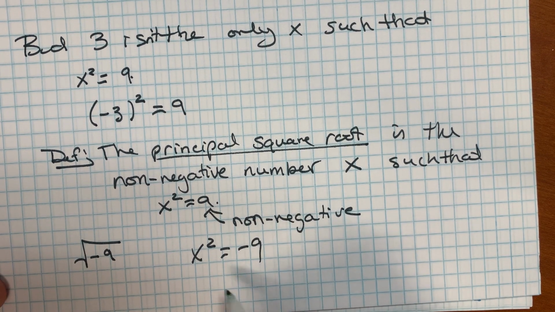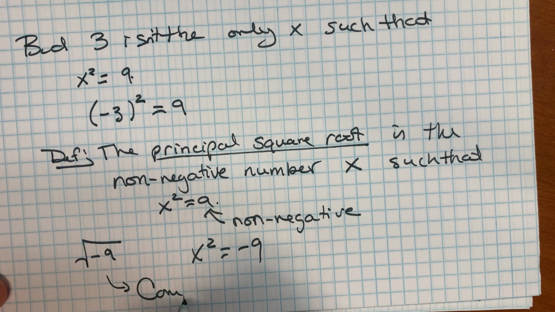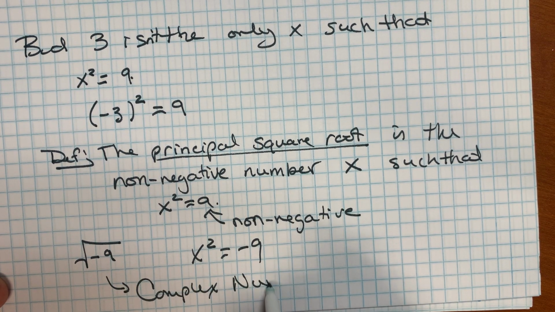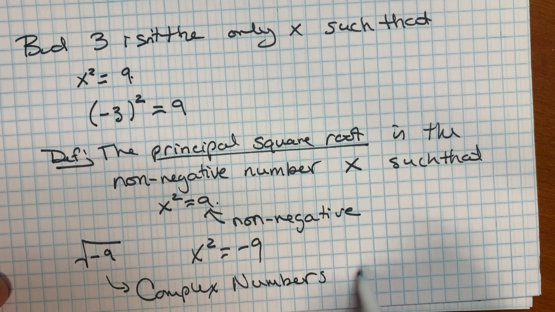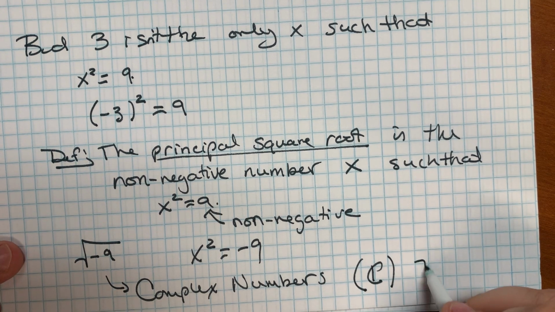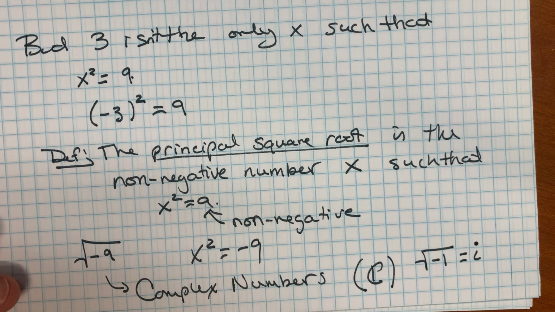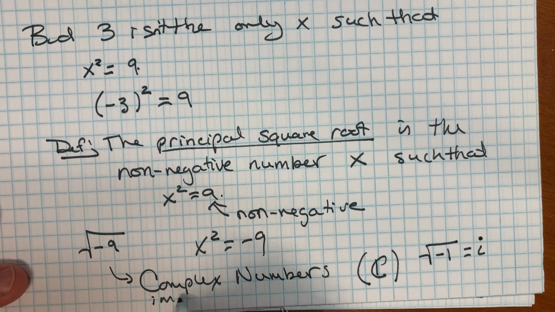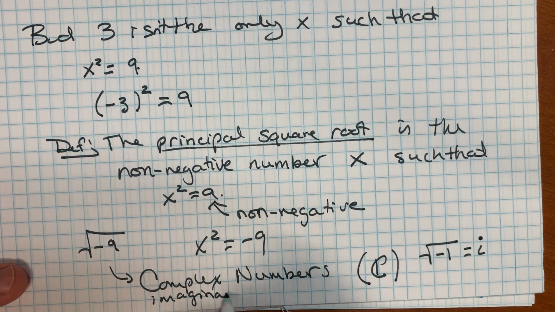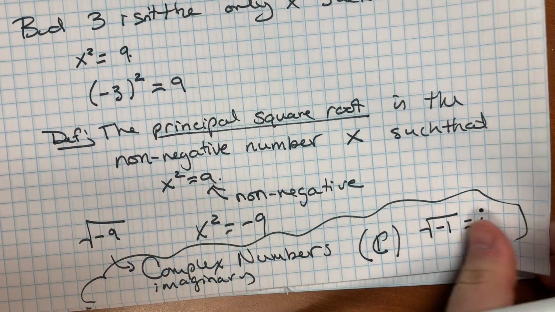Later, this gives rise to complex numbers, which is the C, where we have the square root of negative 1, abbreviated with an i, also called imaginary. But again, this isn't the focus of today. Our focus is on our roots.